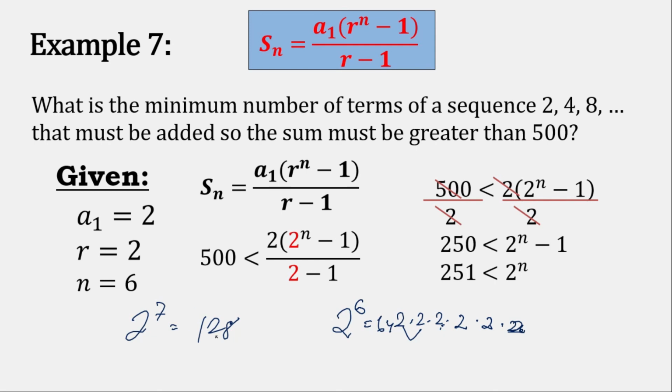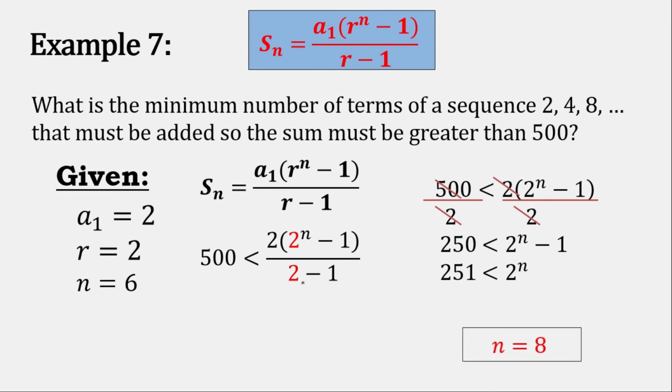Again, 128 is not greater than 251. So let's try 2 raised to 8. 2 raised to 8 is 256. And 256 is greater than 251. So this is the lowest possible number of n, or the minimum number of terms we should get. So n is equal to 8.